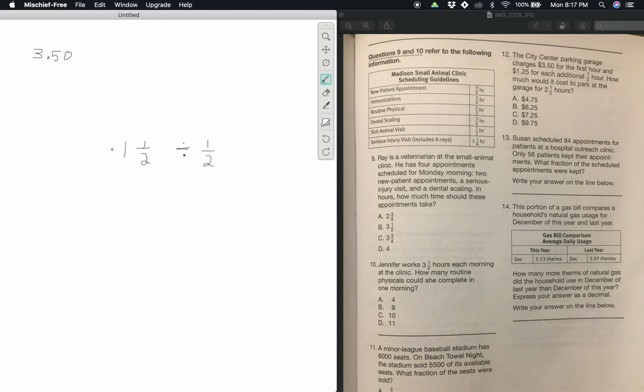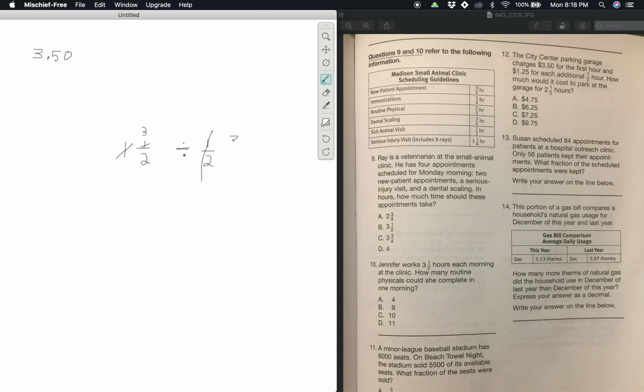We need to change this to an improper fraction. So 2 times 1 is 2, plus 1 more is 3. We'll cross this out and make this a 3. Cross that out, and remember with division we need to invert this number over here.